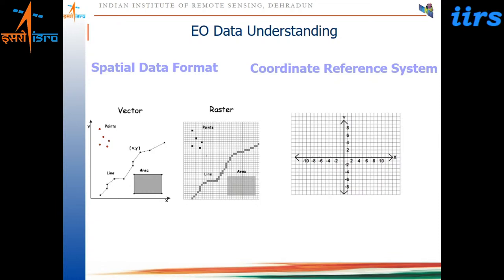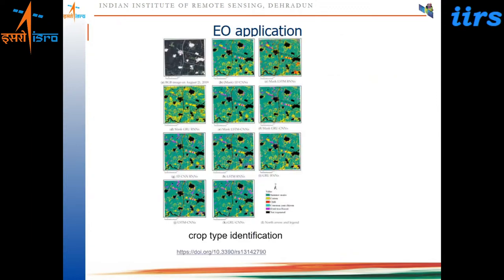So with this basic overview of EO data sets, we'll now see the different applications which exist and can be used for AI applications. This is just an example where different satellite imagery has been taken, and on each of those images different AI-based algorithms have been executed to identify the different crop types. In this case we have 6 different crop types.